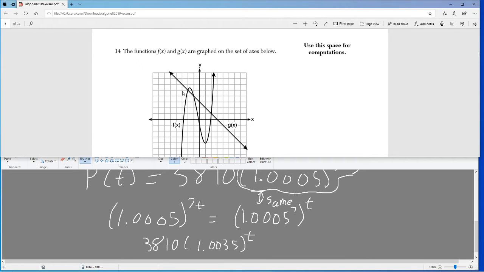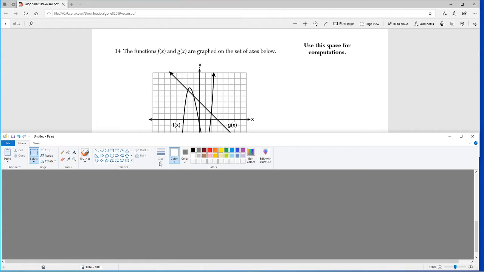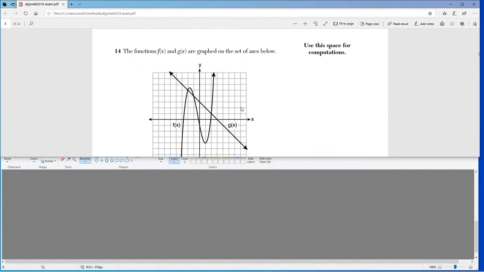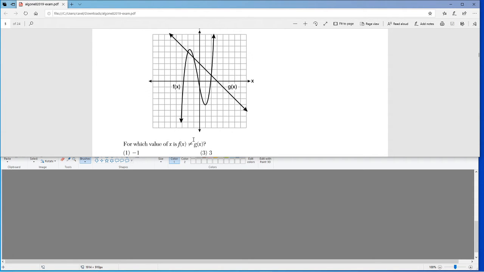All right. Let's see. The functions f of x and g of x are graphed on the set of axes below. For which value of x is f of x not equal to g of x?